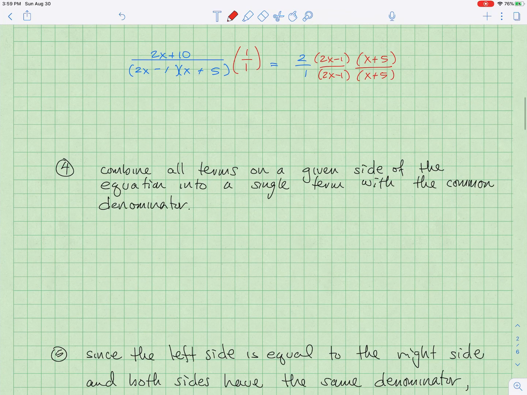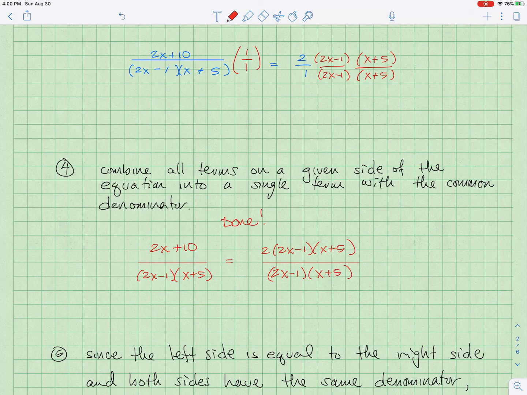Now, step number 4: combine all terms on a given side of the equation into a single term with the common denominator. That's actually done here. This is 2x plus 10 over 2x minus 1 times x plus 5, equal to 2 times 2x minus 1 times x plus 5, all divided by 2x minus 1 times x plus 5.